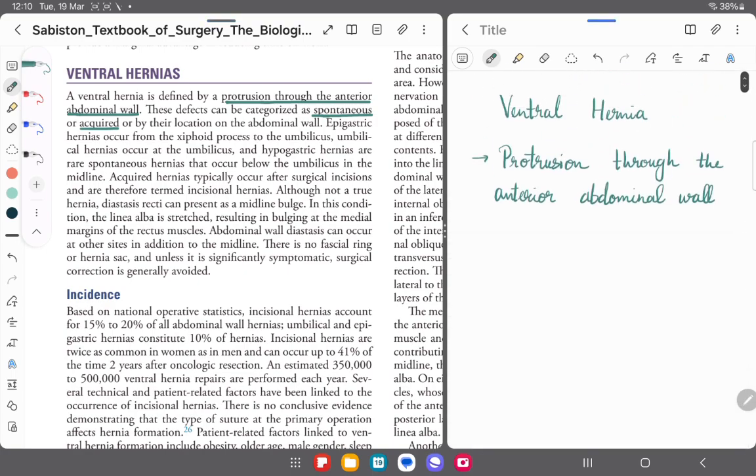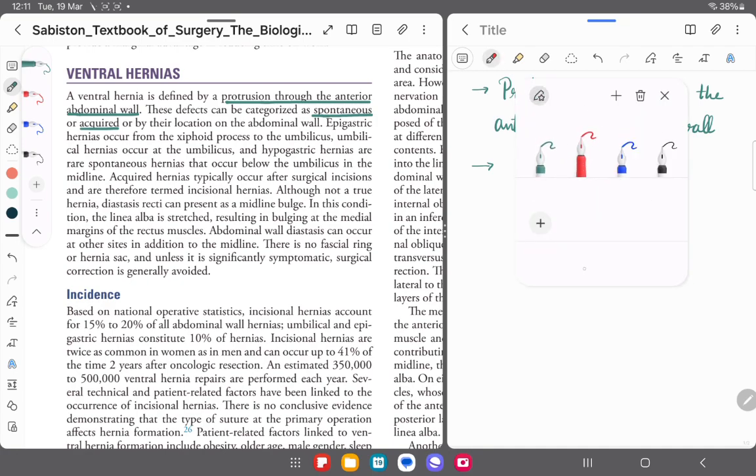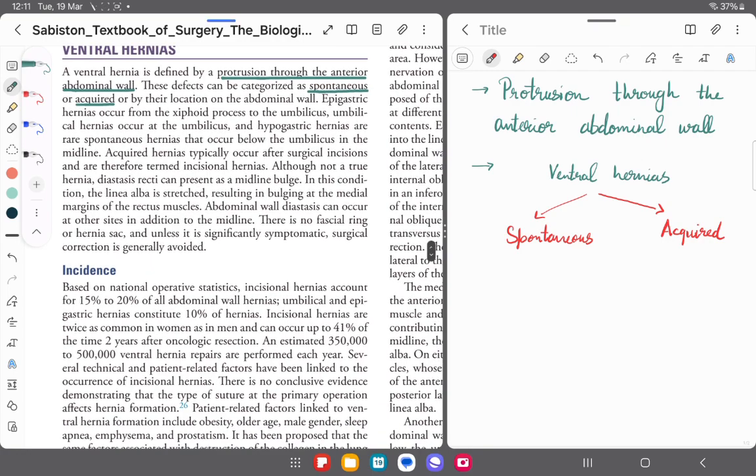So ventral hernias can be either spontaneous or acquired, or they can be categorized by their location on the abdominal wall.